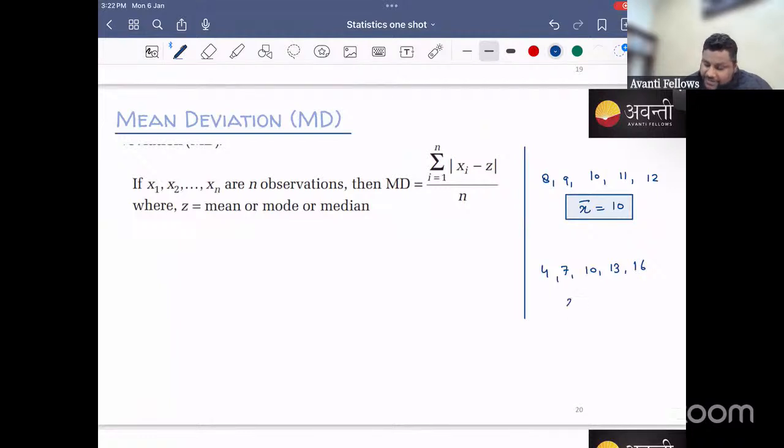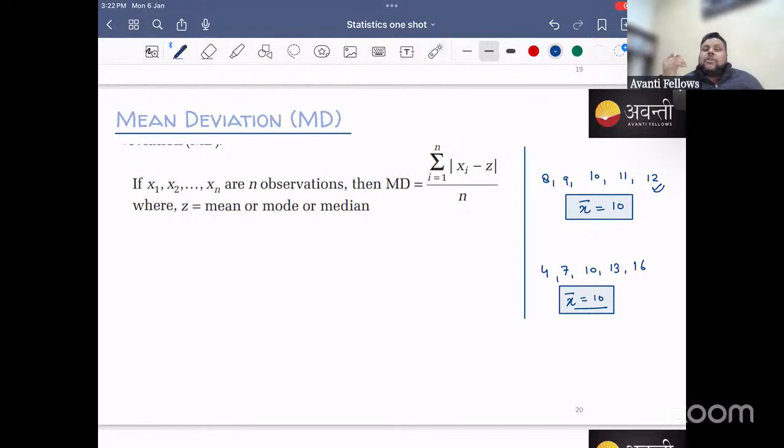Now, average in this case is still 10. Sum of all divided by 5. Now, in spite of having the same mean, which cricketer will you suggest is a better batsman? Definitely this one, because he is quite consistent. The second one will not be considered as good as the first one.